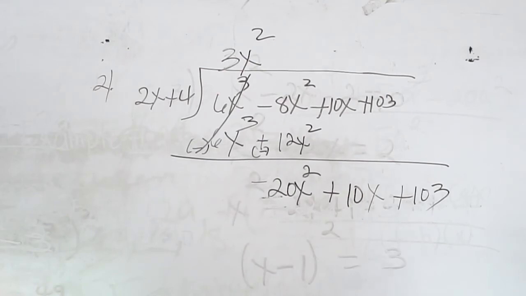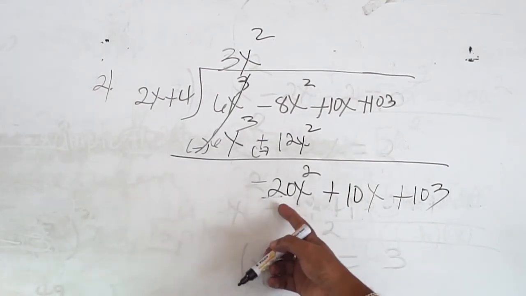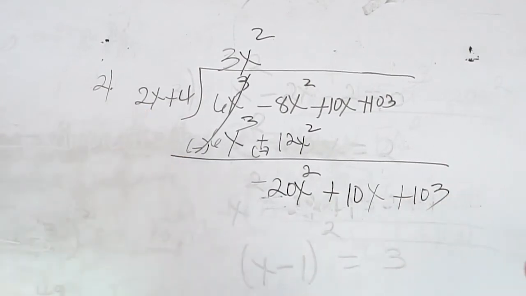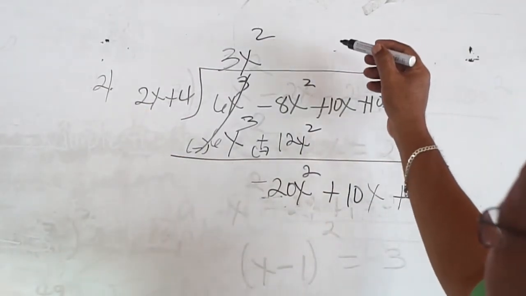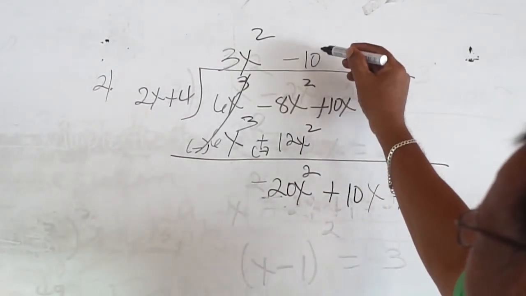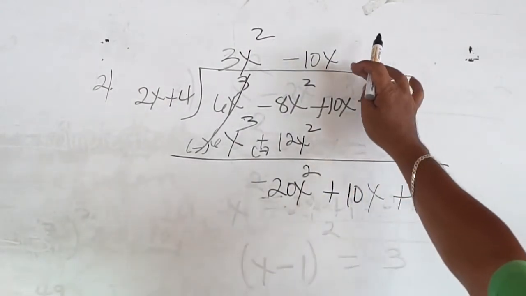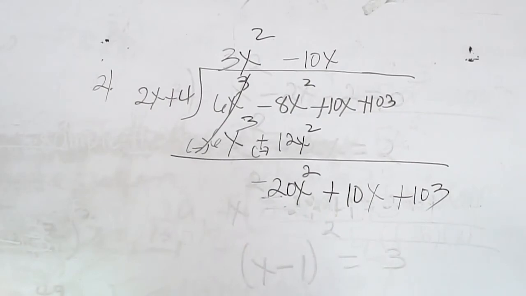Then next, divide negative 20x squared by 2x, so the result is negative 10x. Then multiply the quotient to the entire divisor.